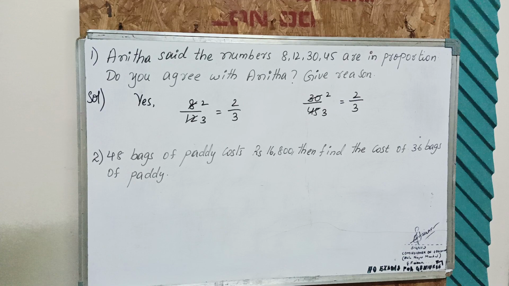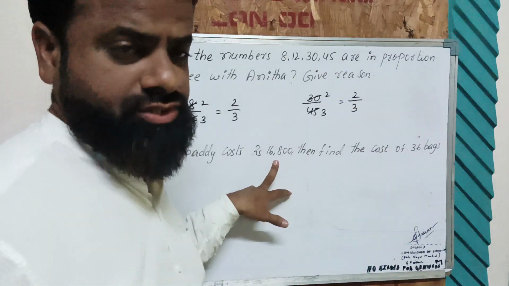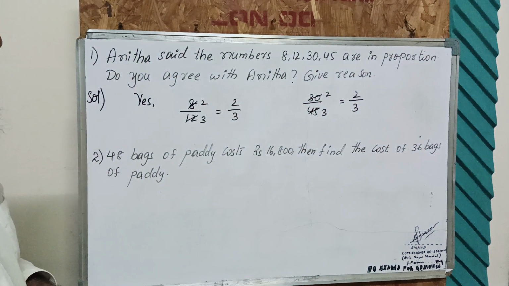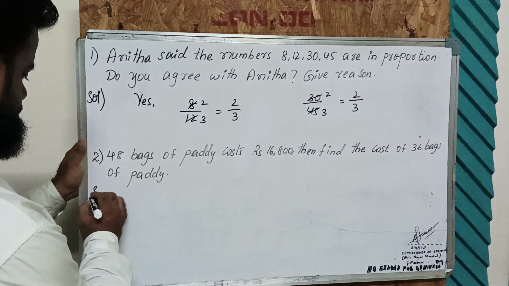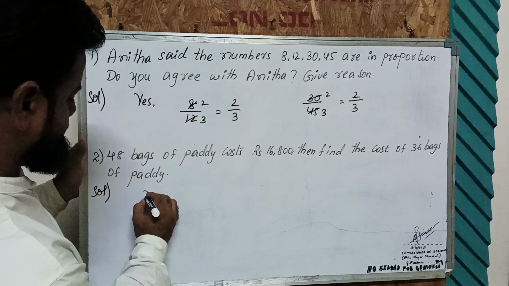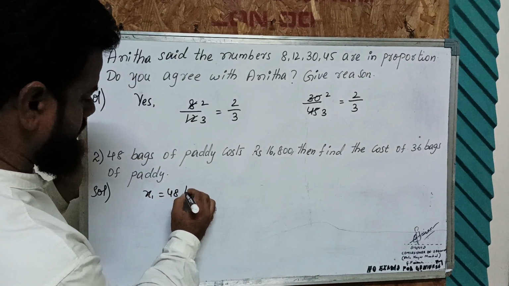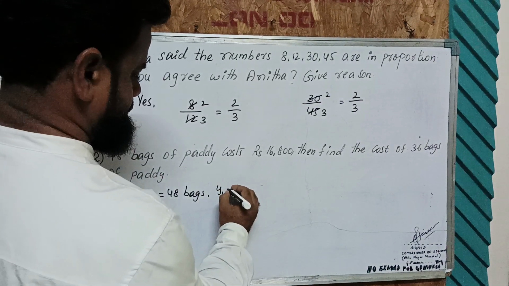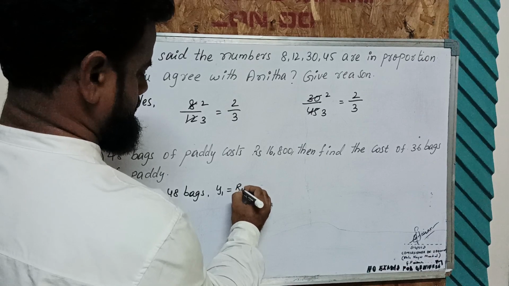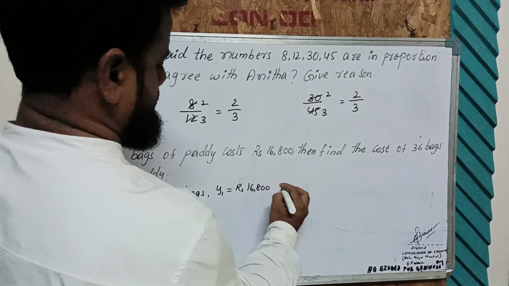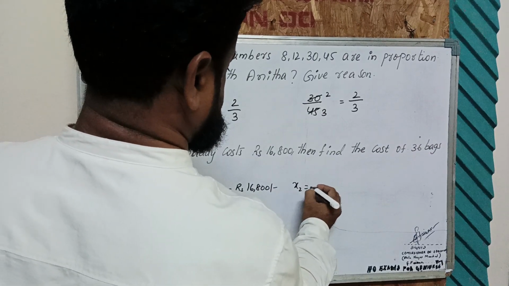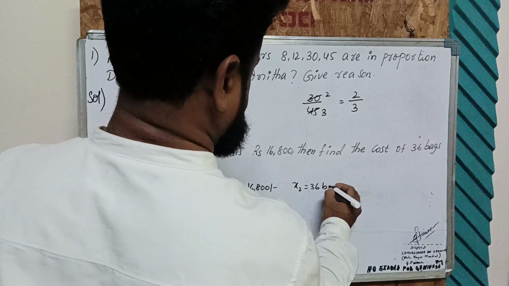Here x1 is given as 48 bags, y1 is rupees 16,800, x2 is changing to 36 bags, and we have to find y2.